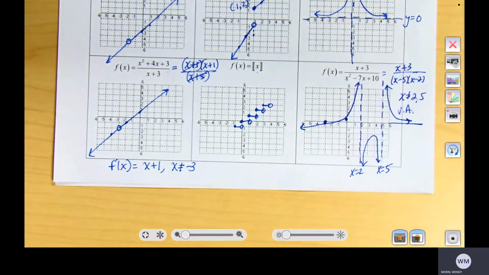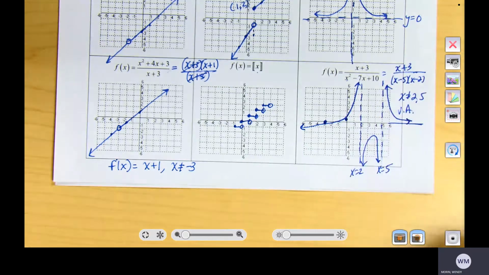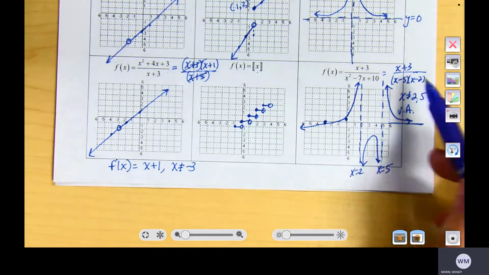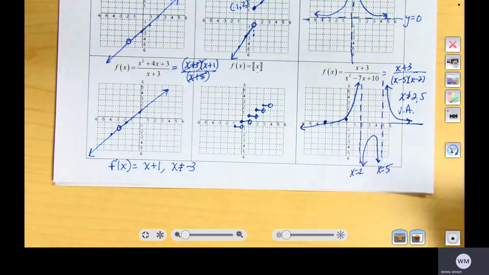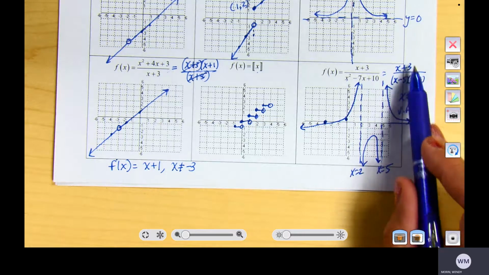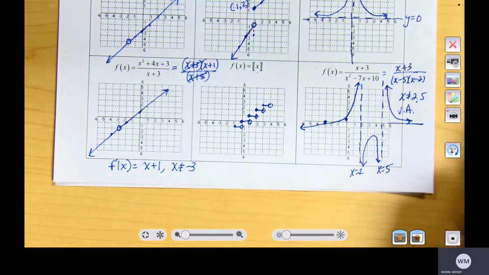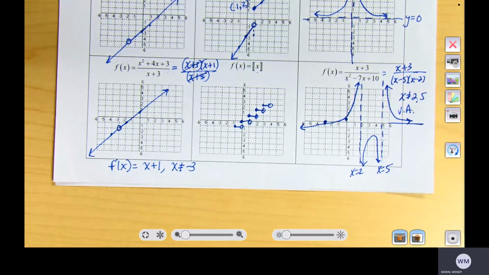But again, if you don't know that there's vertical asymptotes, this is going to be really crazy looking on your calculator. So you can go ahead and try it, but you need to be able to understand this and interpret what your graphing calculator is trying to tell you. So anything that makes your denominator equal to 0 that cannot be reduced, that cannot be canceled, is going to be a vertical asymptote. Okay?